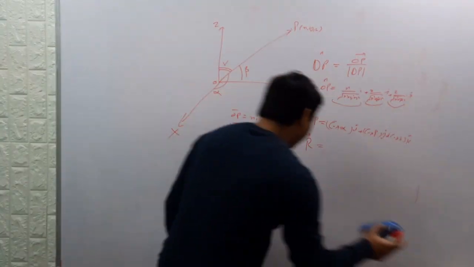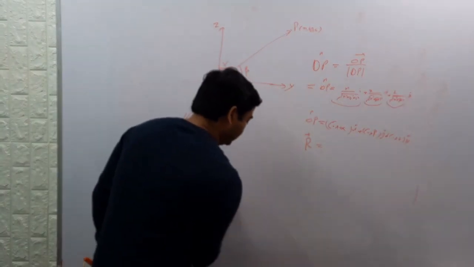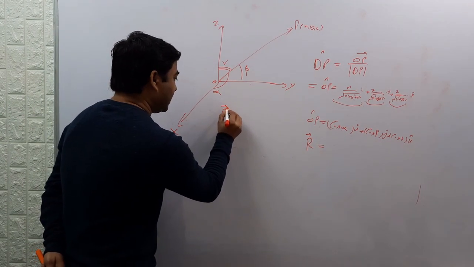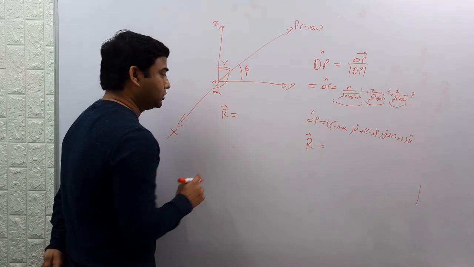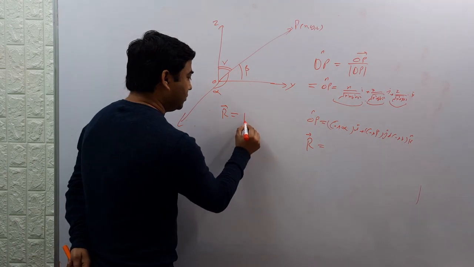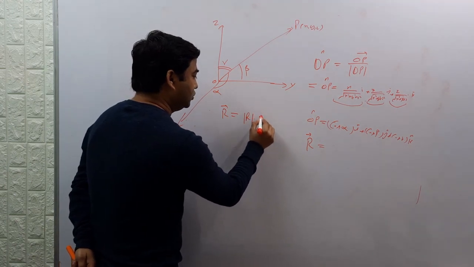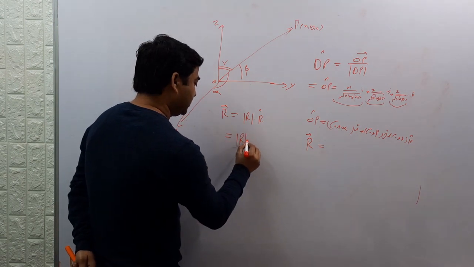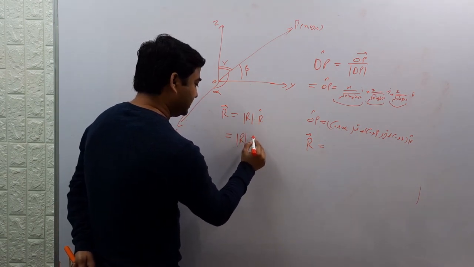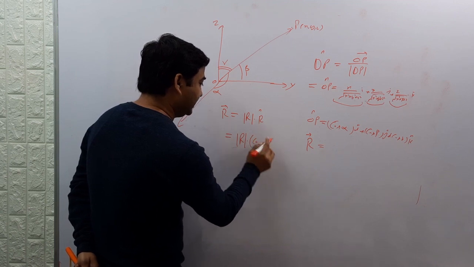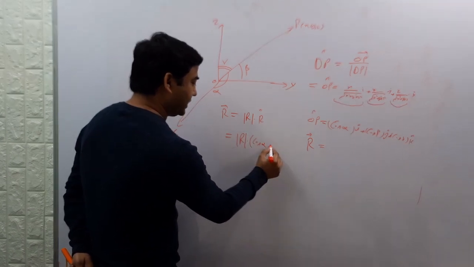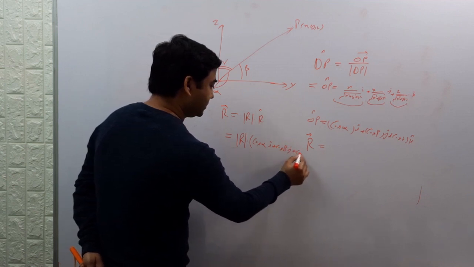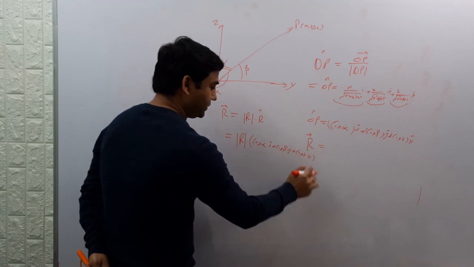Now the reverse process: R is equal to mod of R into the unit vector in the direction of R, which is cos alpha i plus cos beta j plus cos gamma k.